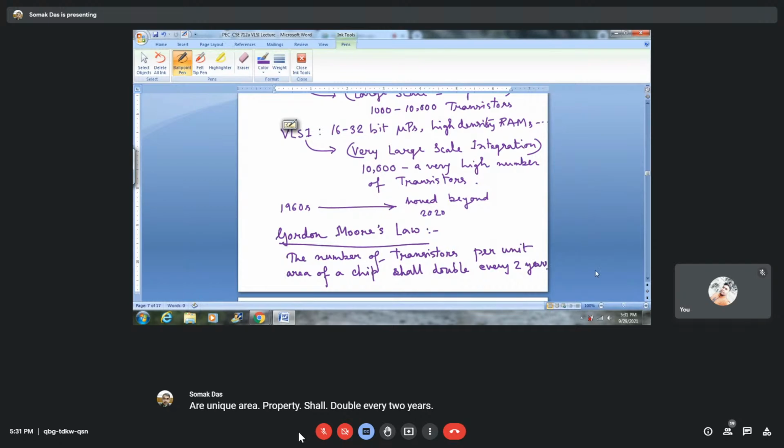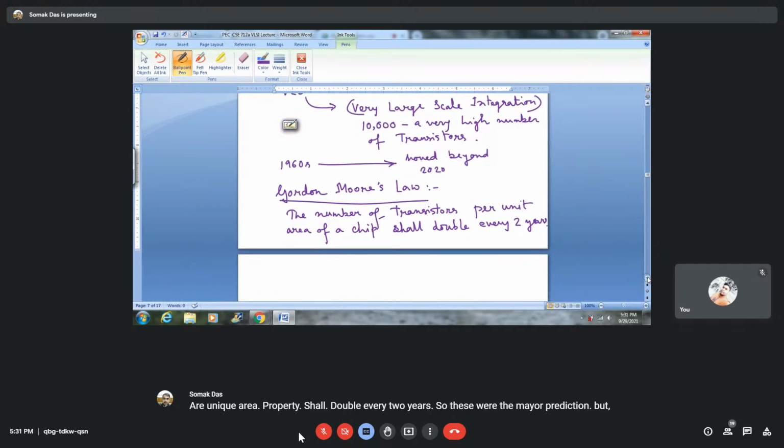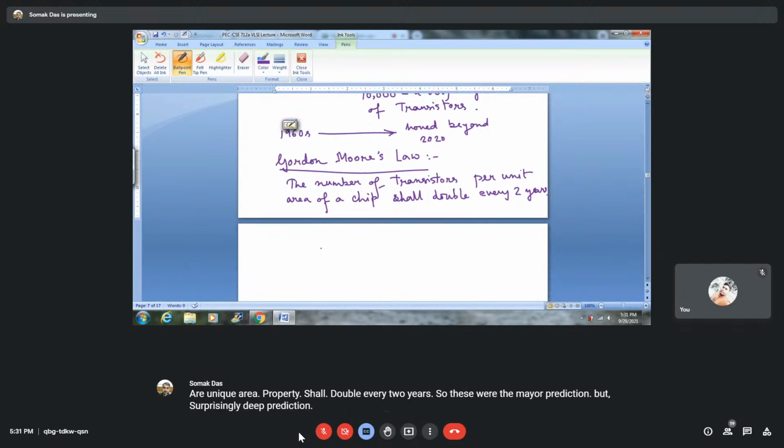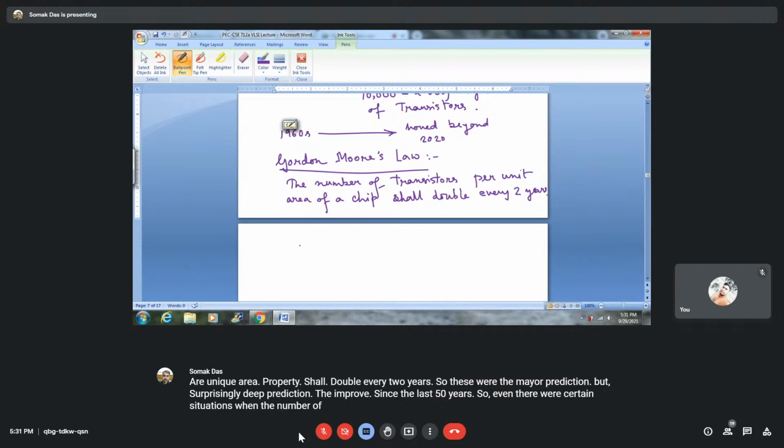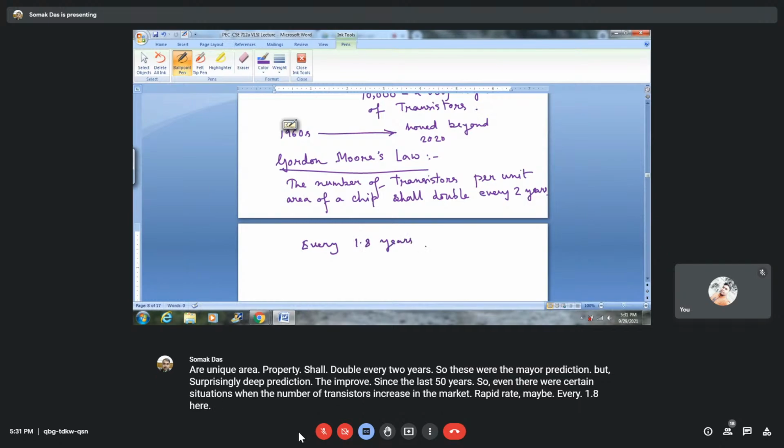So this was a mere prediction, but surprisingly, this prediction became true over the last 50 years. There were even situations when the number of transistors increased at a much more rapid rate, maybe every 1.8 years, even less than 2 years.